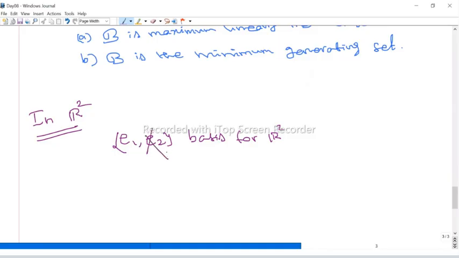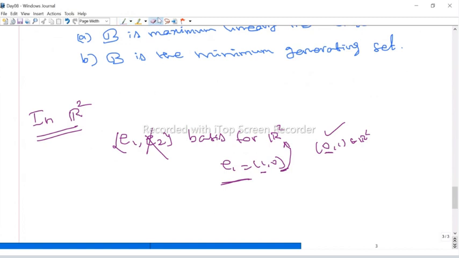Suppose you remove one element, either e1 or e2. e1 itself cannot generate R2 because e1 is nothing but (1, 0). If you take (0, 1), an element in R2, we cannot write this vector as a scalar multiple of (1, 0) because here the first position is 0. Therefore, if you remove either e2 or e1, the remaining set cannot generate R2. Therefore, we need a minimum of two vectors to span R2.